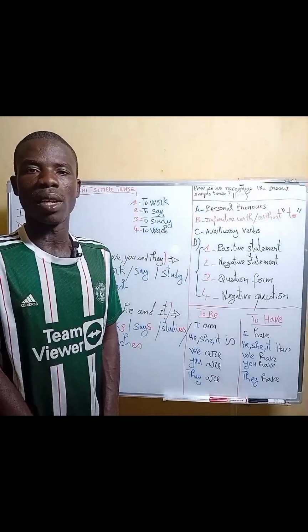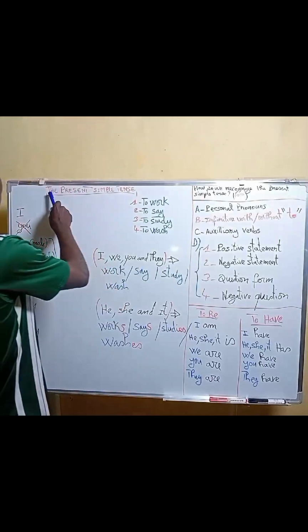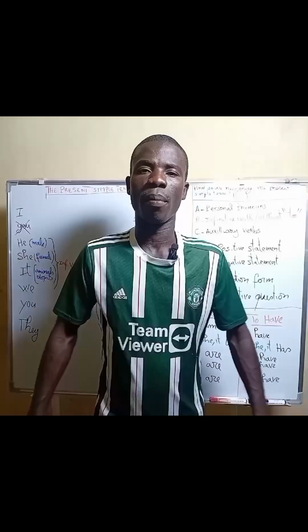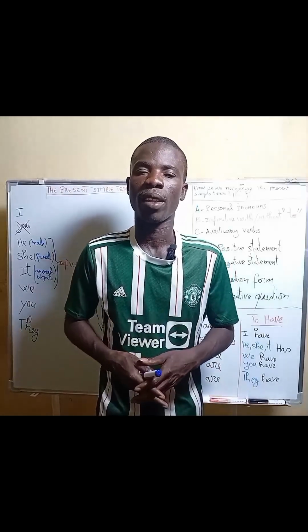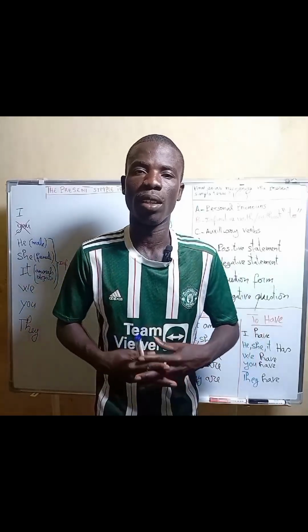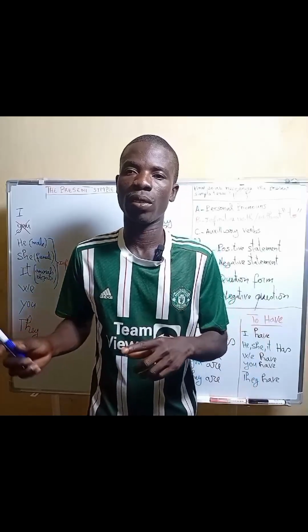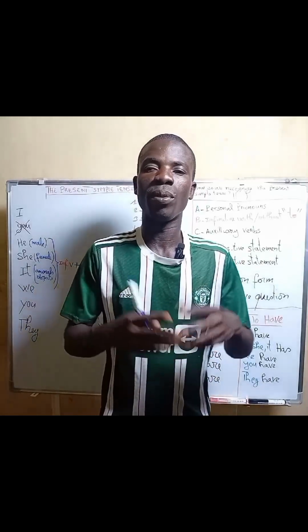Today we are going to continue our lesson on the present simple tense. But remember that the first session of this lesson was about the use of the present simple tense, which answered the question, when do we use the present simple tense?